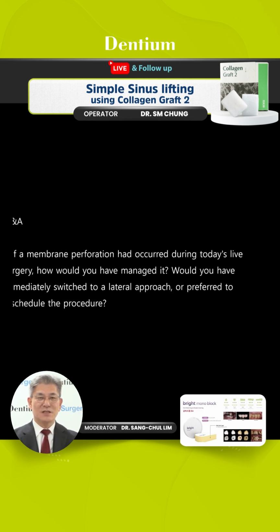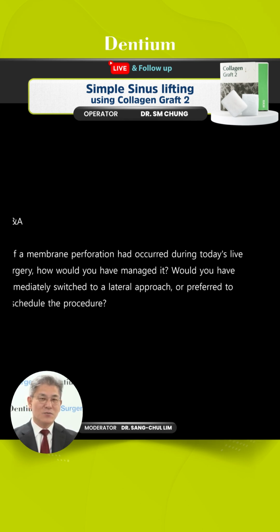However, some surgeons and dentists want to use a crestal approach when you have under 3 millimeters, 2 millimeters; even at 2 millimeters, you can try the crestal approach. However, during this procedure, a small perforation can become bigger.